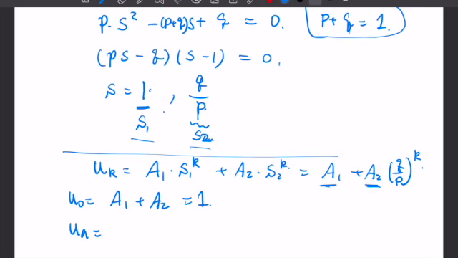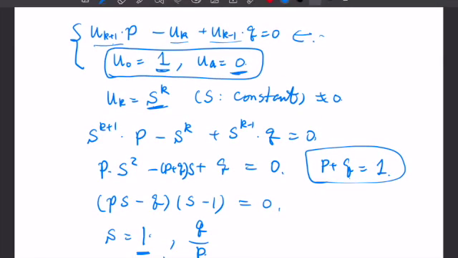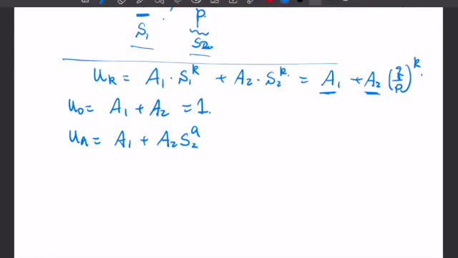And ua is a1 plus a2 s2 to the power of a, which is equal to 0. From these simultaneous linear equations, we can determine the values of a1 and a2.